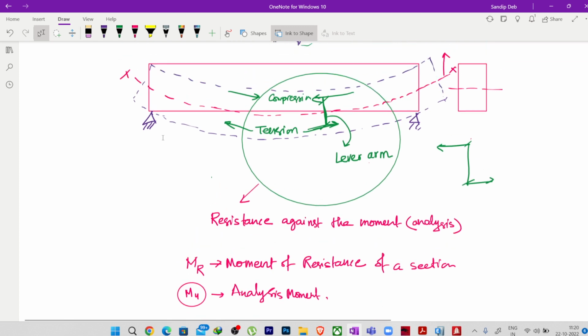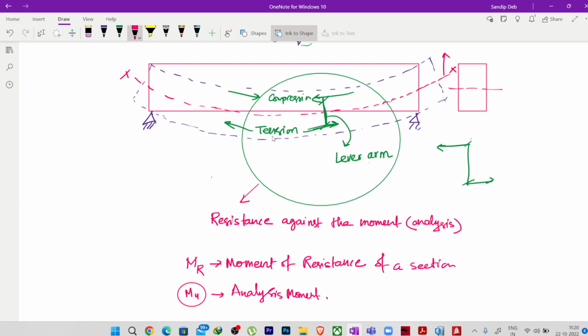Now in case of RCC beams or any RCC sections, we are more concerned about the tension, not the compression, because we know that our RCC sections are capable enough to take the compression. We are mostly concerned about the tension, because due to the tension only we will be getting the cracks.